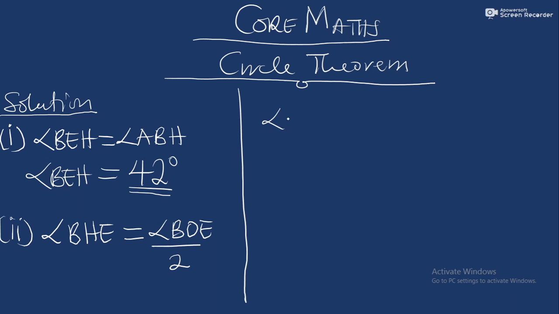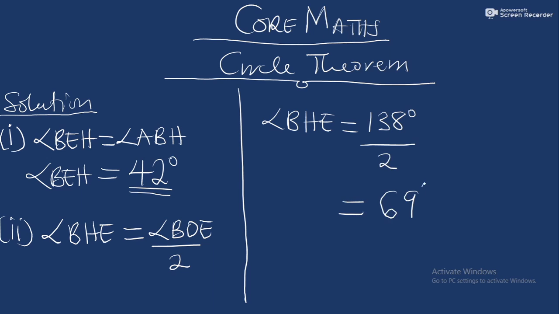So our angle BHE will be equal to 138 degrees divided by 2. So when we simplify, we are going to get 69 degrees. So angle BHE is 69 degrees.